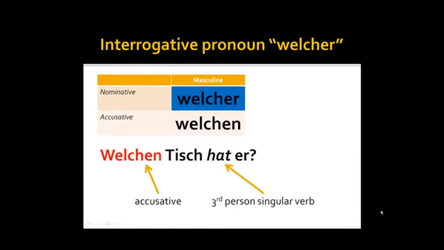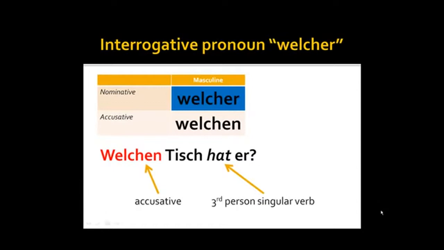Welchen Tisch hat er? He, or er, is the subject of the sentence, and he's performing an action. This action is reflected in the verb hat. He's having. Now, something has to receive the action of being had, and that is the table, or specifically welchen Tisch, which table. Therefore, it's going to be in the accusative case.